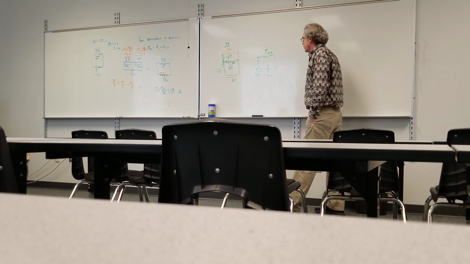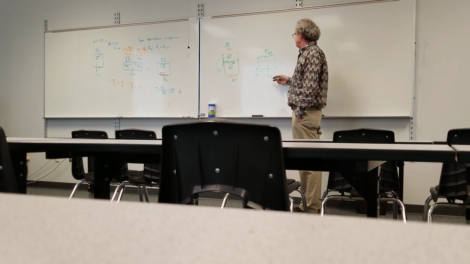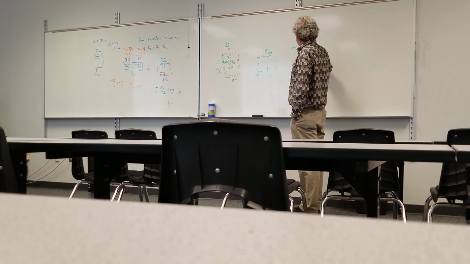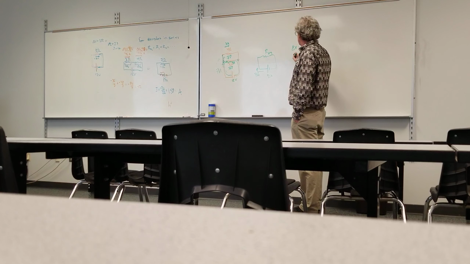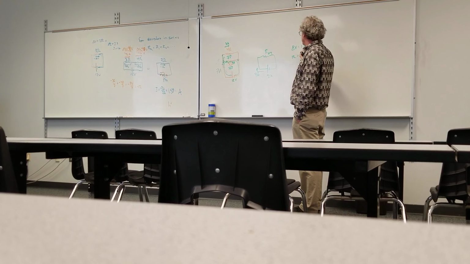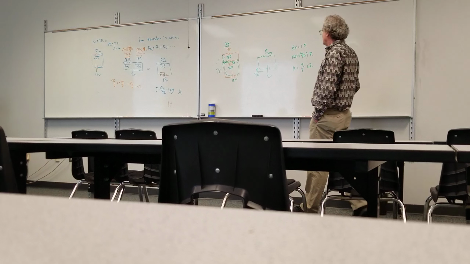Well, that equivalent resistance is going to be 12 divided by 7. Again, Ohm's law, delta V equals IR. I know that I'm going to lose 12 volts going across that, and that's going to be equal to 7 amperes times R, so R is 12 sevenths ohms.